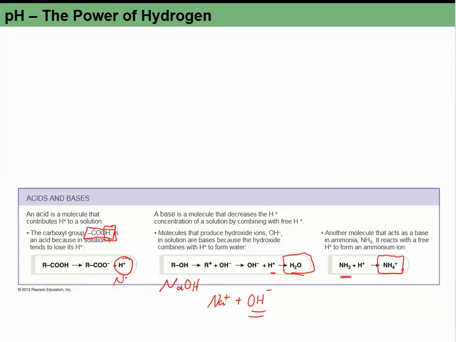So if I put ammonia right here, it might absorb that hydrogen and make an ammonium ion, a cation. All right, so as long as you understand that, I think you'll be okay.